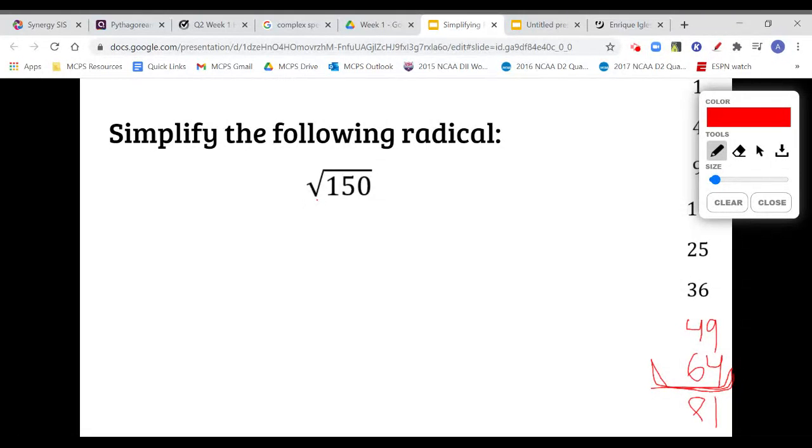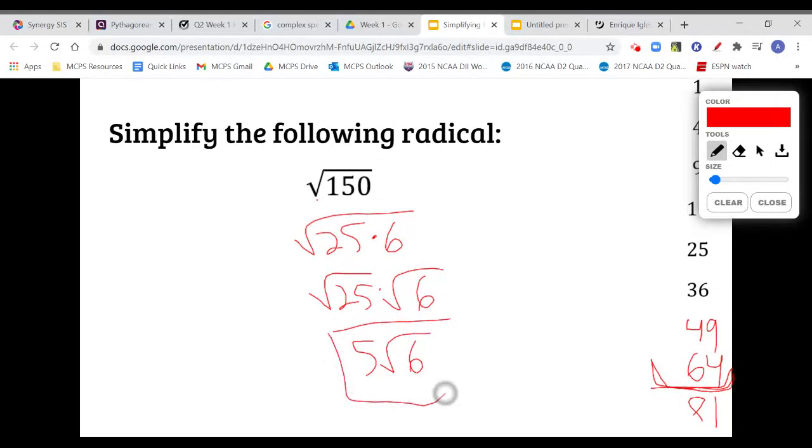So since 150 divided by 25 is 6, I can rewrite this as the square root of 25 times 6. And then again, I just split apart those radicals. Root 25 times root 6, and the square root of 25 is 5, so that leaves me with 5 root 6.